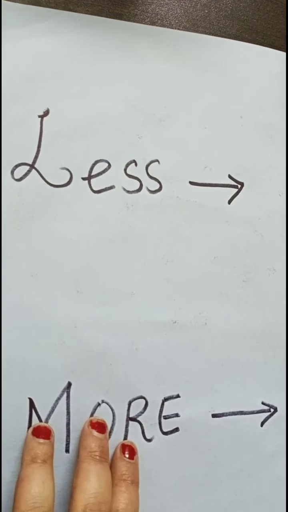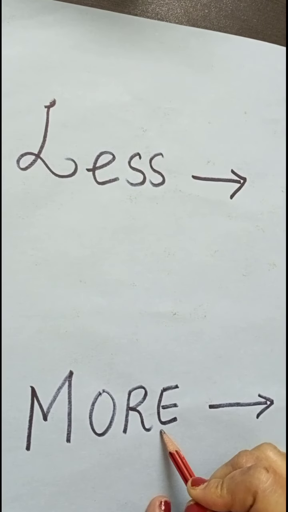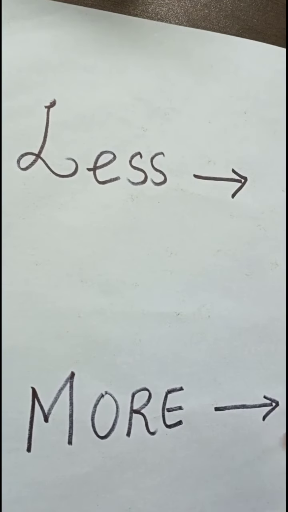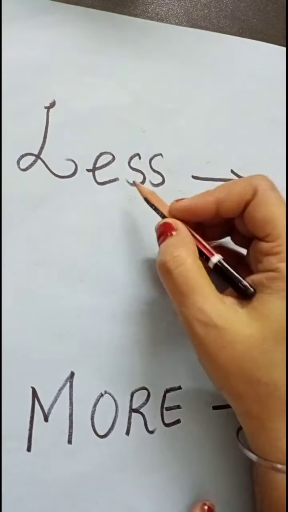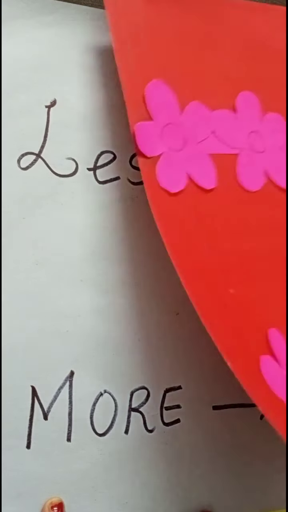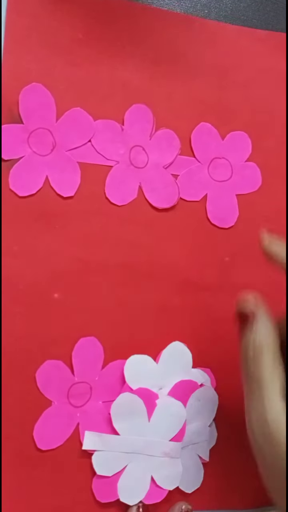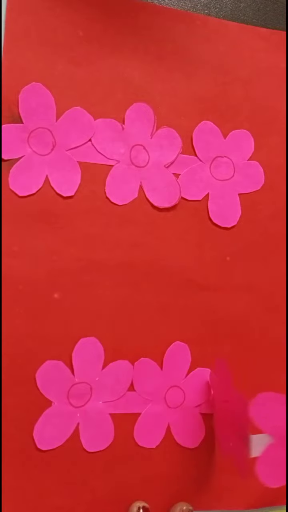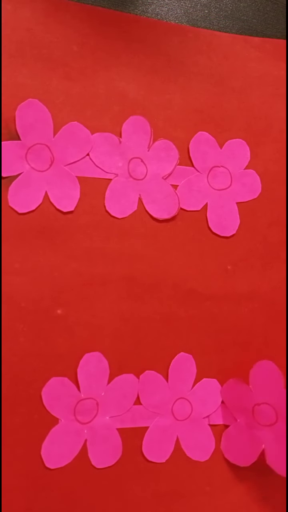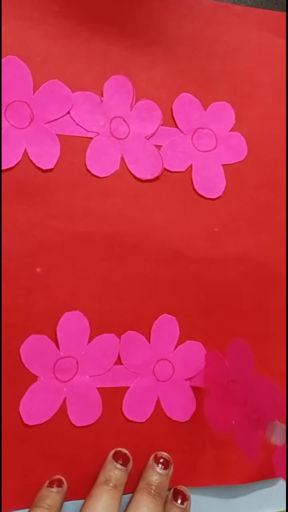Okay. Next comparison words are less, more. Less मतलब थोड़ा सा, more ज़्यादा. Less, more. The examples are less flowers but more flowers. You can see there are so many flowers here.